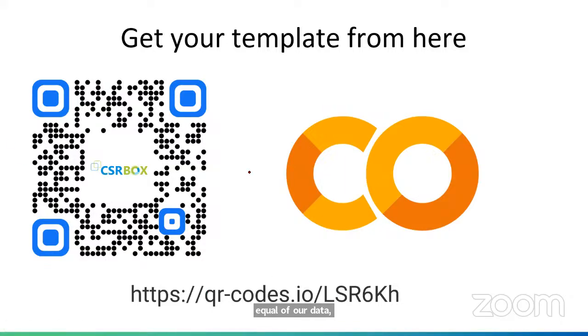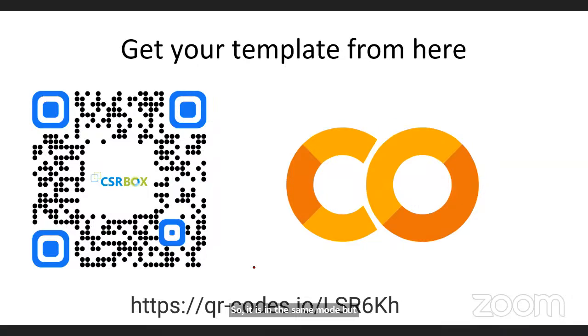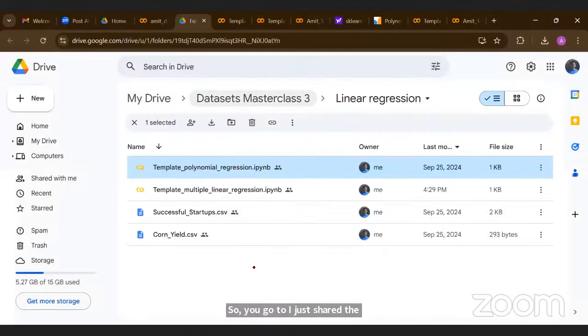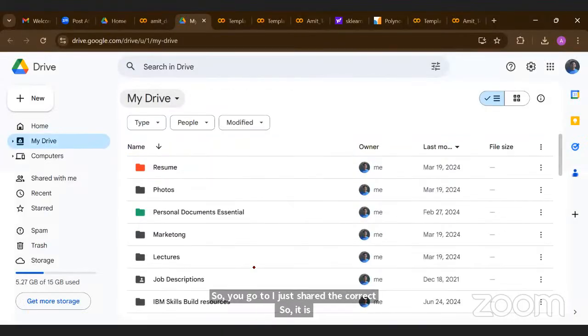Okay. Now let's code this. The template is here. I will just copy this again. It's in the same folder, but with a different name. So you go to Drive. Wait.